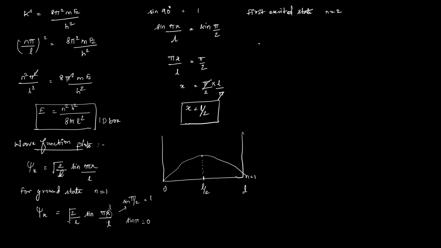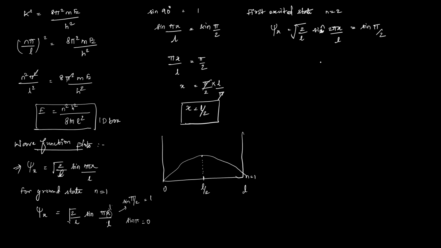Okay, so if you simply substitute 2 in place of n in your wave function, psi of x is equal to root 2 by l sin 2 pi x by l. Okay, so this also, we know that the maximum is always at sin pi by 2, where you will get your maximum value, so that is not going to change.